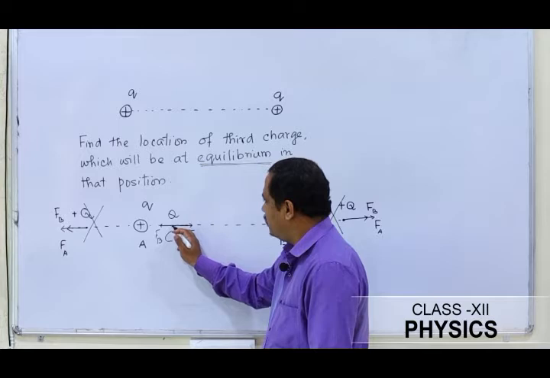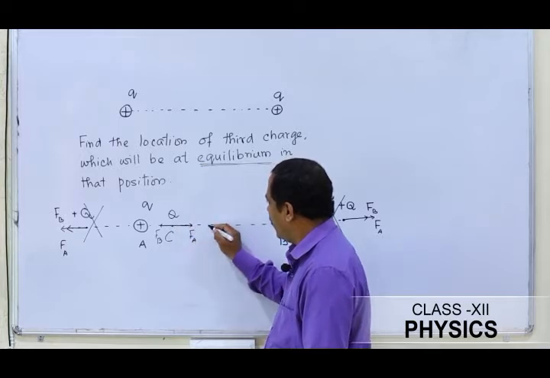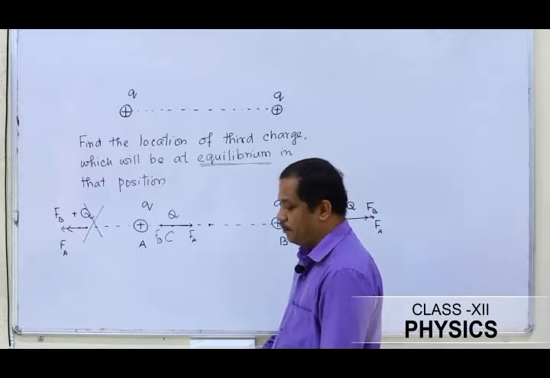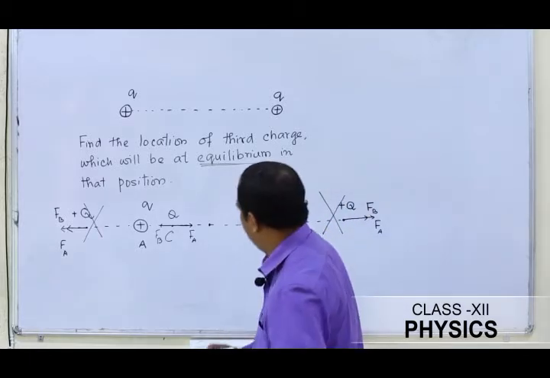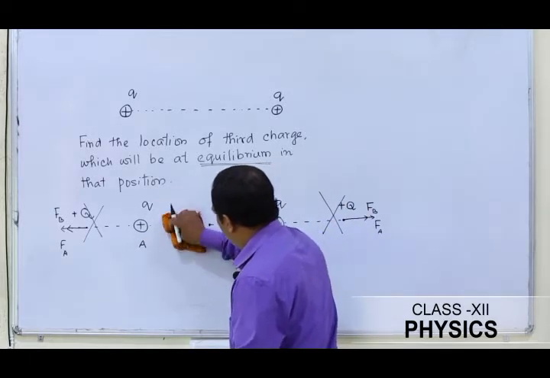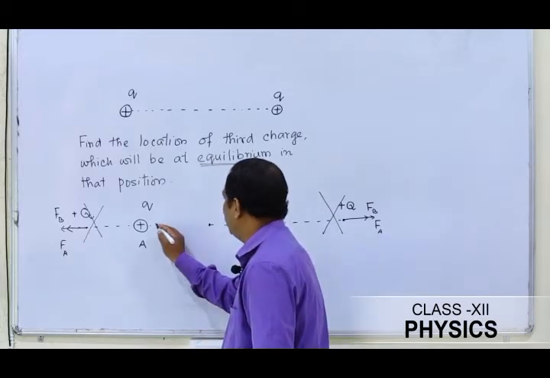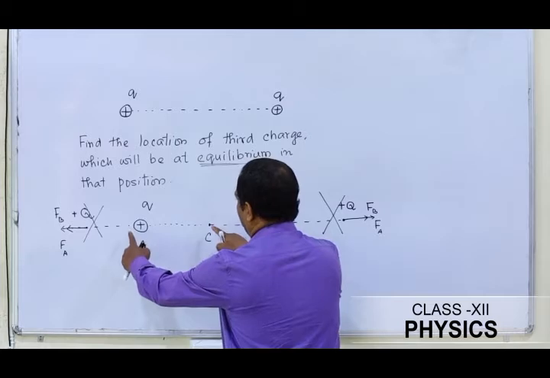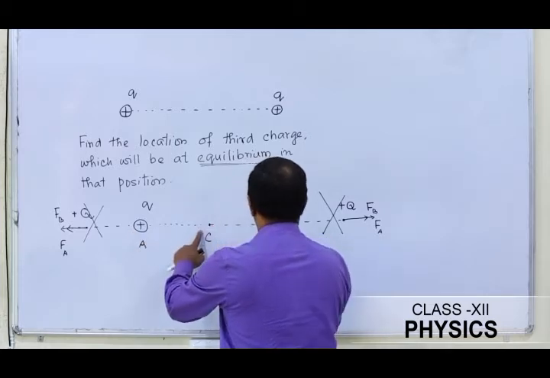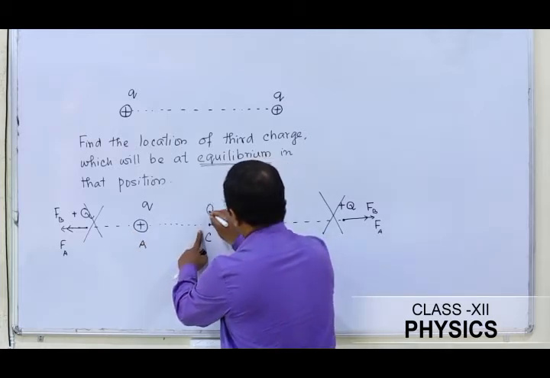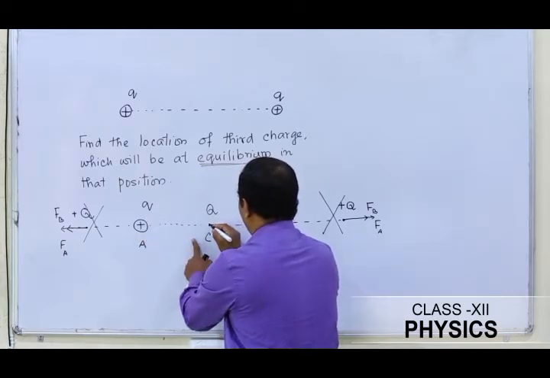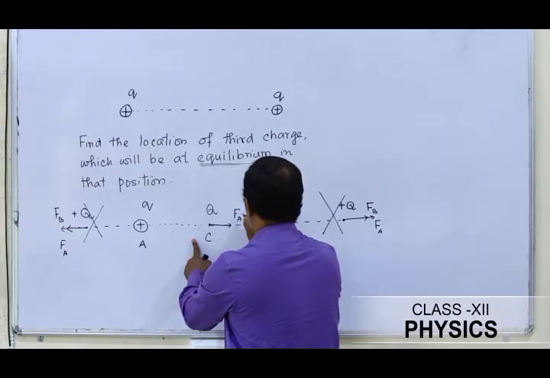So gradually, if I shift the charge Q to exactly the center, I see that this point C is at equal distance from A as well as B. At this point, if I place the charge Q, I'll find the charge at A will repel this charge this way, Fa.